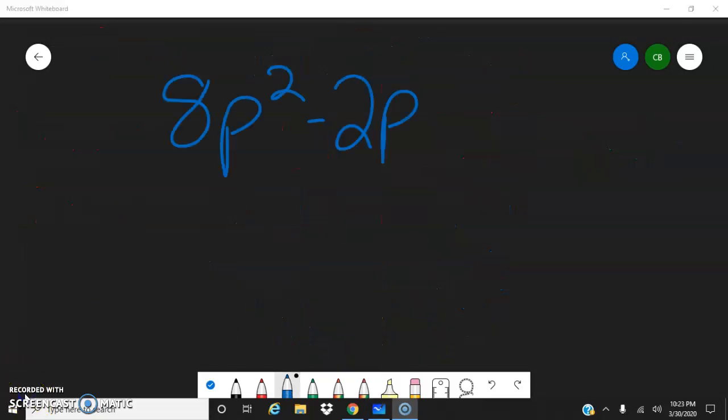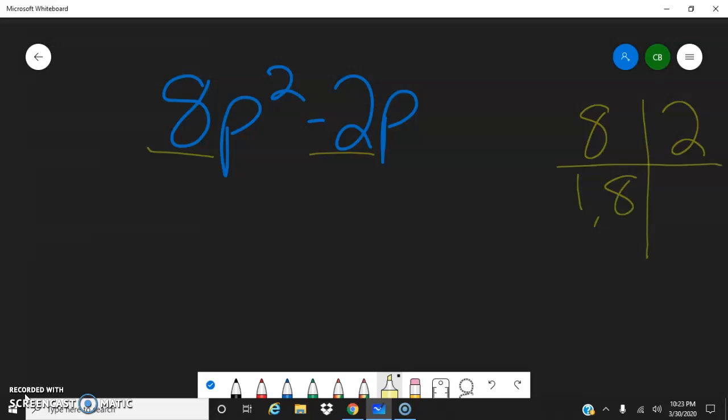Alright, let's take a look at this example here. We have 8p squared minus 2p. The first thing we want to do is look at our coefficients in front, so 8 and negative 2. We want to find factors of 8 and 2. For 8, it's 1 and 8, 2 and 4, and for 2, it's simply 1 and 2.